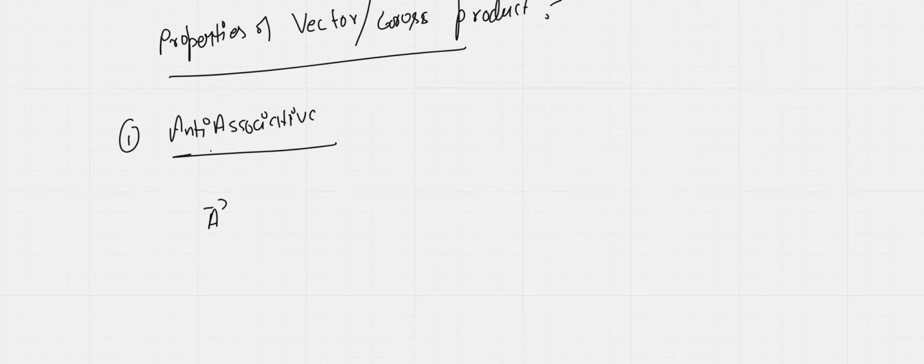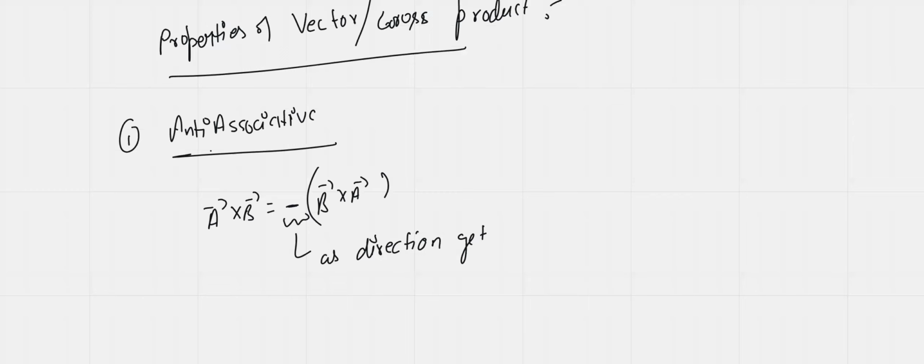You can do A cross B, but it is not equal to B cross A. When you equate them, there will be a negative sign as the direction gets reversed. The magnitude will be the same, but the direction will be reversed. Is that clear? Yes, sir.